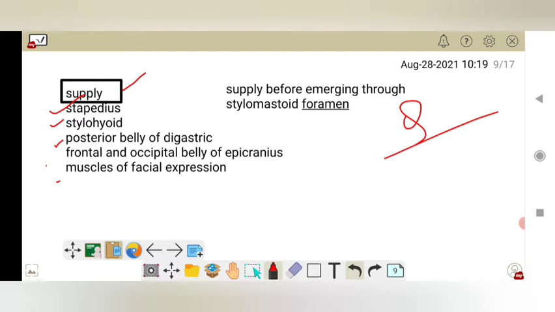All other muscles except stapedius are supplied after the facial nerve emerges through the stylomastoid foramen. Stapedius is a muscle of the ear, and during its course through the ear, the facial nerve gives a branch to supply the stapedius muscle, and the rest of the branches are given when it emerges out of the cranial cavity via the stylomastoid foramen.